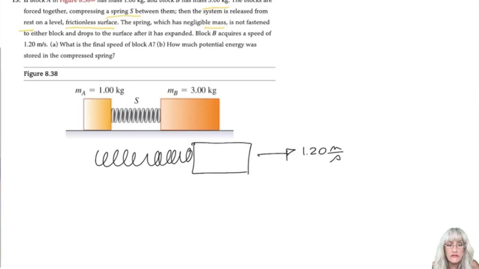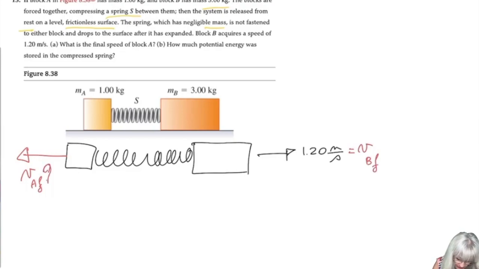What is the final velocity of block A? So block A is here. What is the final velocity of block A? This one I know is the final velocity of block B, but what is it for A? So that's what we want to find in part A of this problem.